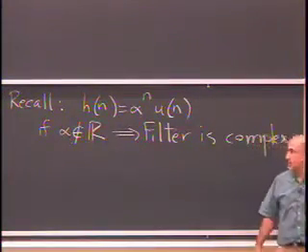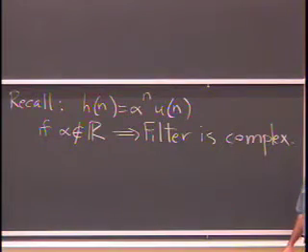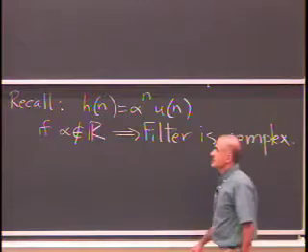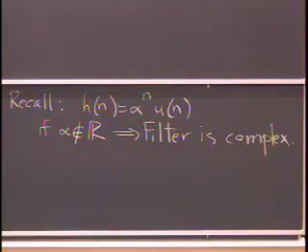But one of the things I will do after this example is to introduce a filter that has more than one of these x's. And it turns out that if you design a filter with one of these x's somewhere up here, and also place an x at the complex conjugate location, you're always guaranteed to have a real valued filter. We'll do that.